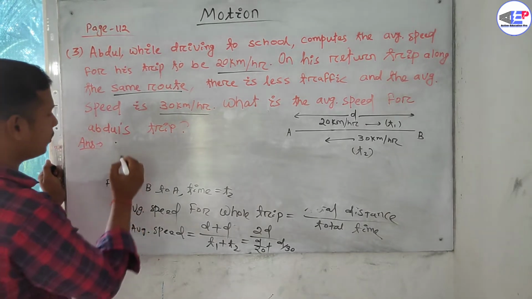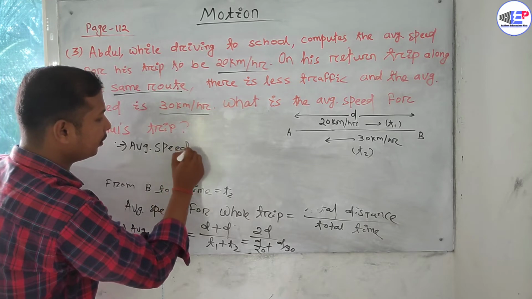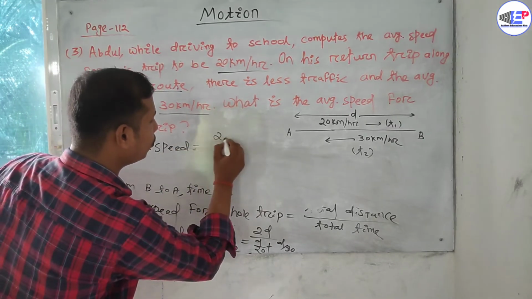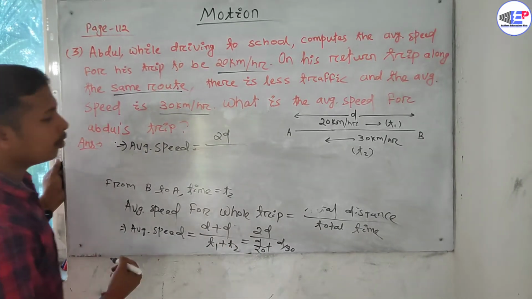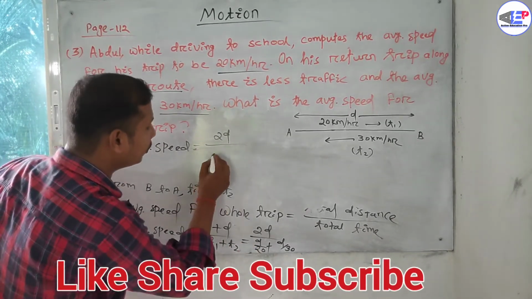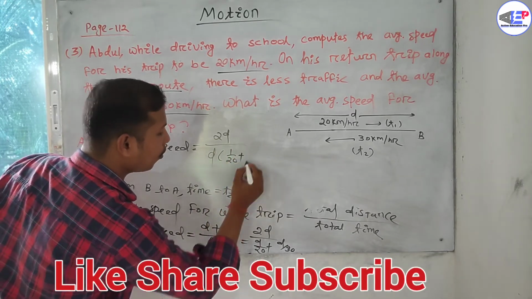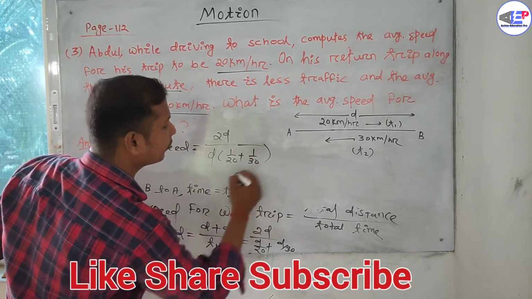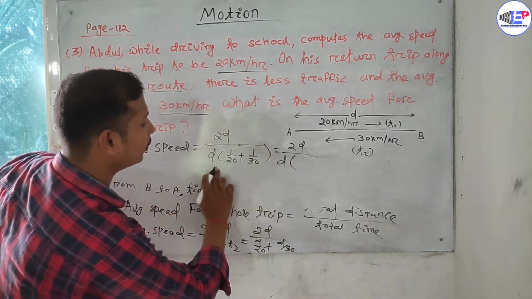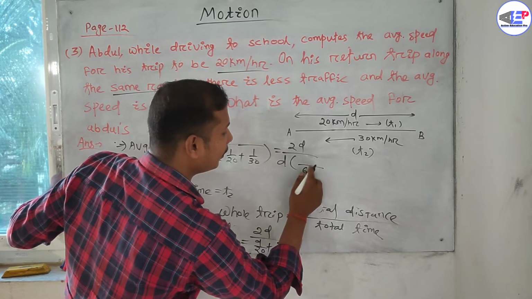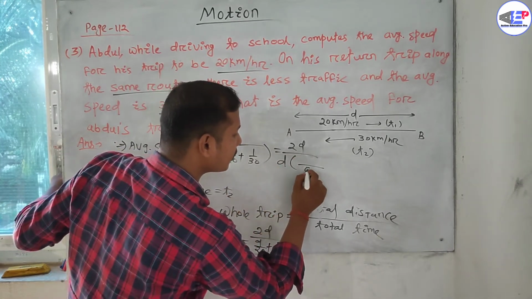So the average speed is 2d. We can take common d from both these quantities. So it will give 1 by 20 plus 1 by 30. By taking LCM, the LCM will be 60.